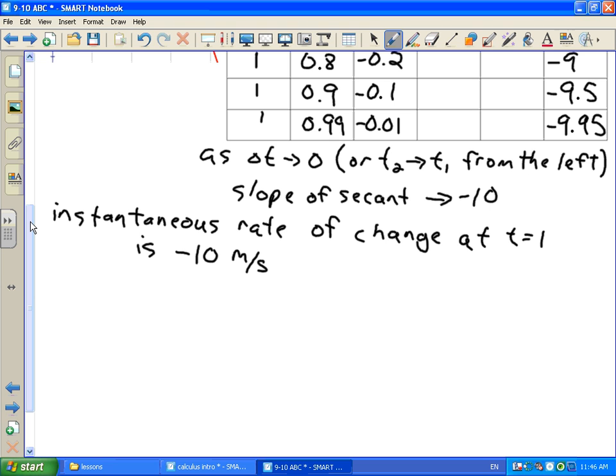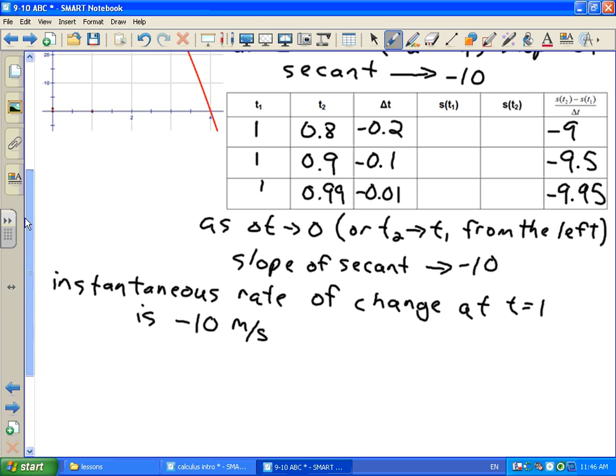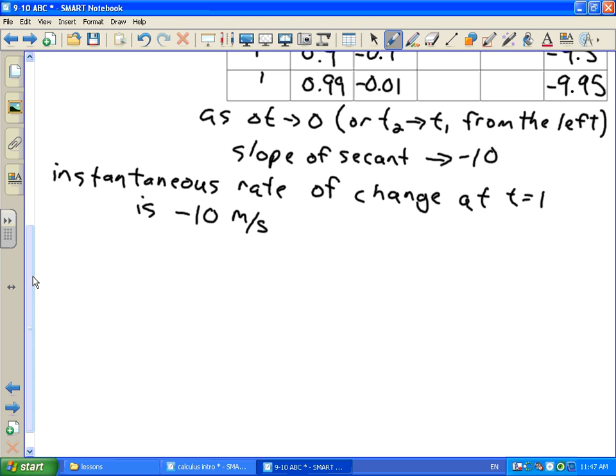There's another way we can express this, okay? And this is what this is all building up towards. When we see these values of the slope tending towards a specific value, whether we go from the left side or from the right side, we can say that this value, -10, represents the limit of the slope. So we can write something like this.